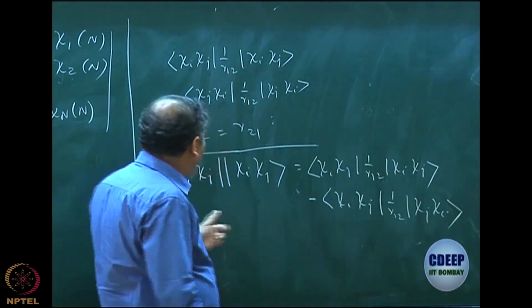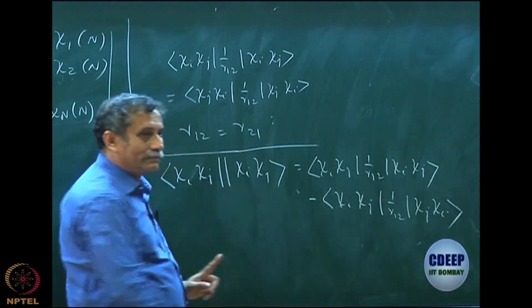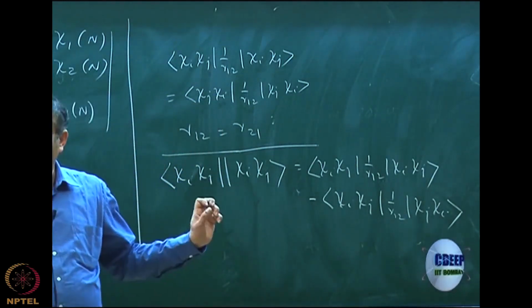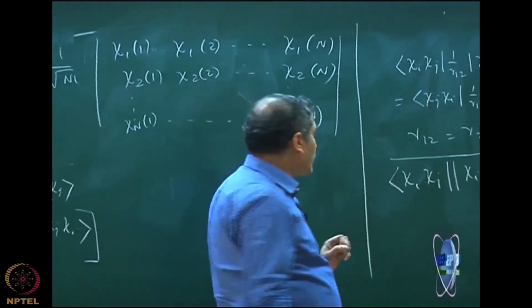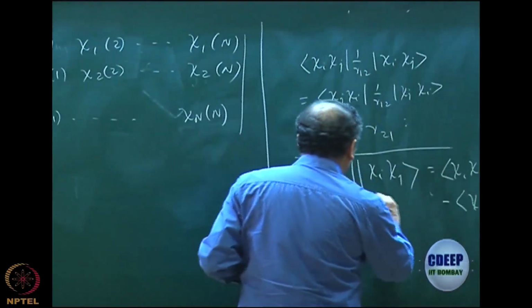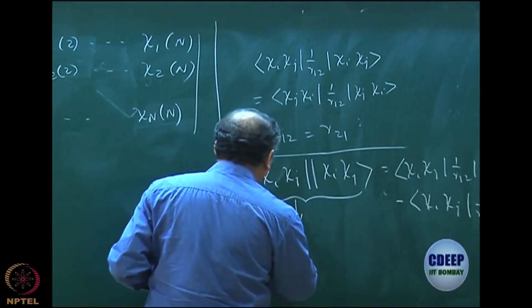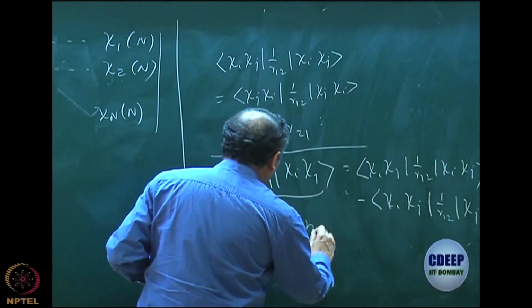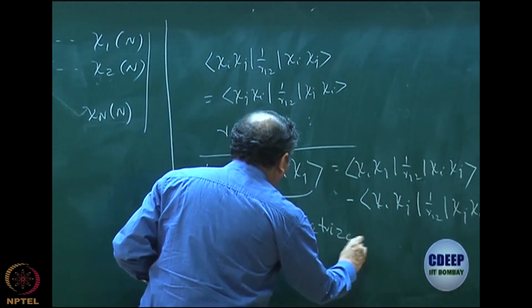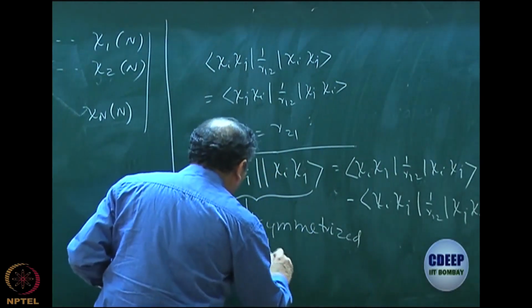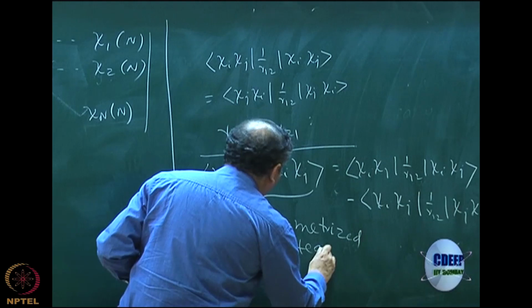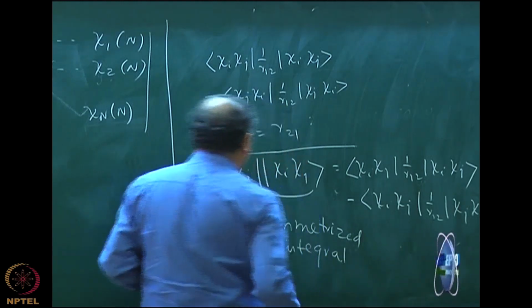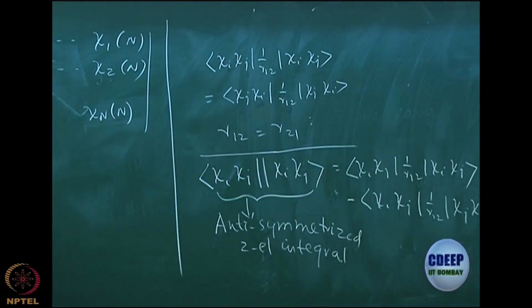So, don't interpret this as just Coulomb. Okay. So, this is a very special symbol that I am introducing. This symbol, and I will explain why it is called so, is called the anti-symmetrized 2 electron integral. Of course, these are 2 electron integrals. These are anti-symmetrized 2 electron integrals, and I will just now tell you why it is anti-symmetrized.